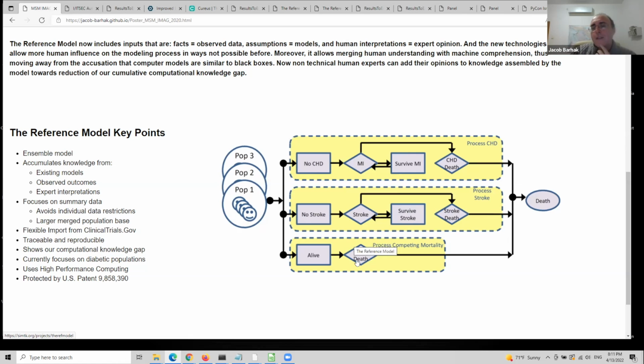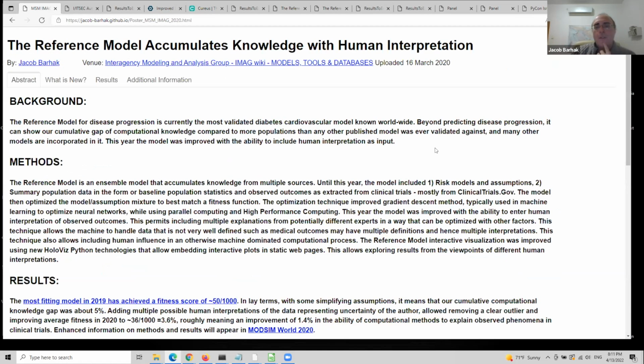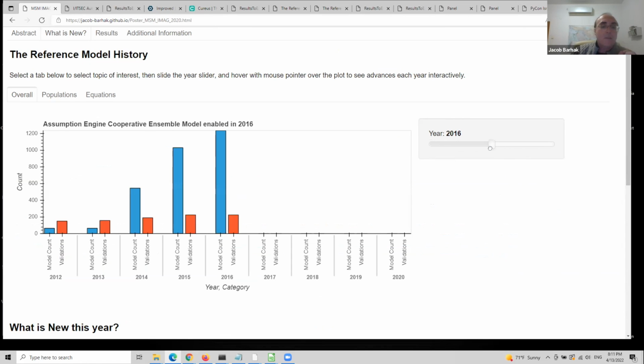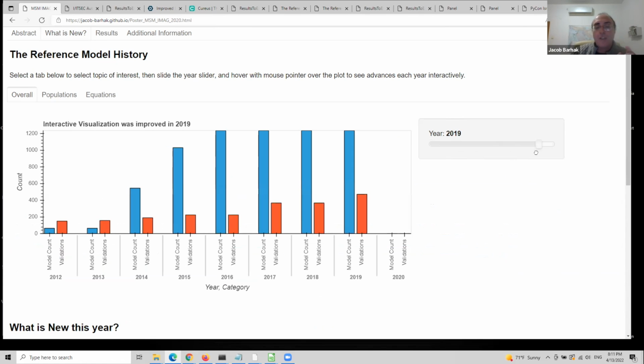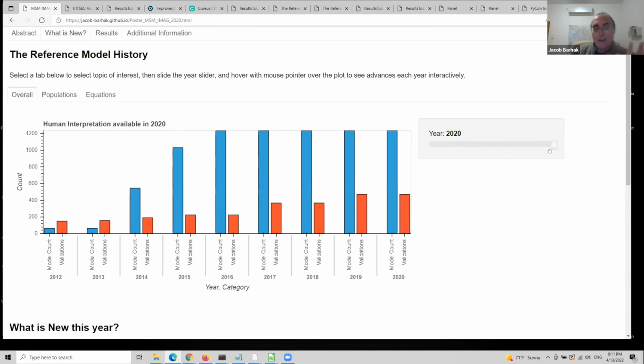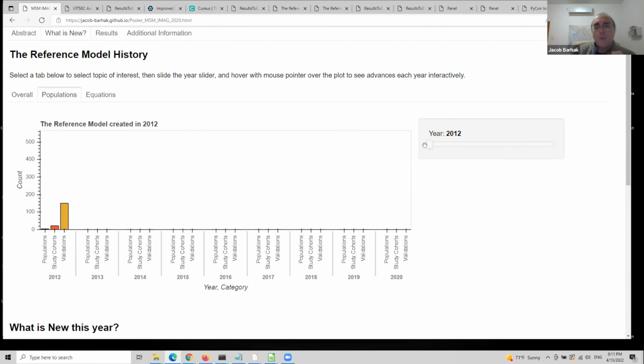So what you see here is a diabetes model, and I'm going to show you how things grew. Since 2012, this is the model count and some other parameters. So this is how many variations I actually have there. Validations I have. So you can see how the number grows, but look at the number of populations.